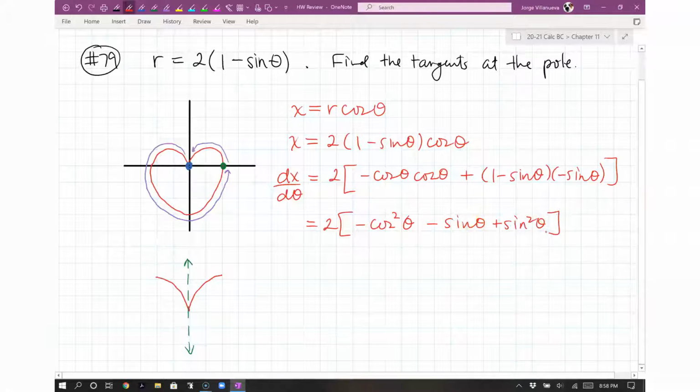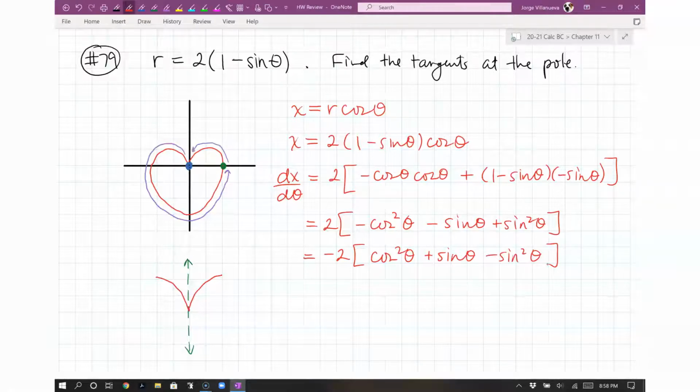Now if I factor out the negative, I get negative 2 times (cosine squared theta plus sine theta minus sine squared theta). Since I have sine thetas and cosine theta, yes, I can change cosine squared theta minus sine squared theta into cosine 2 theta, but unfortunately I'm going to have 2 trig functions.